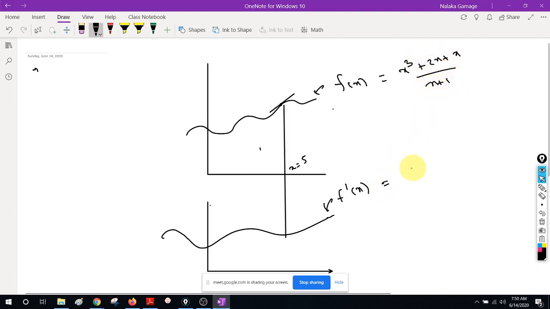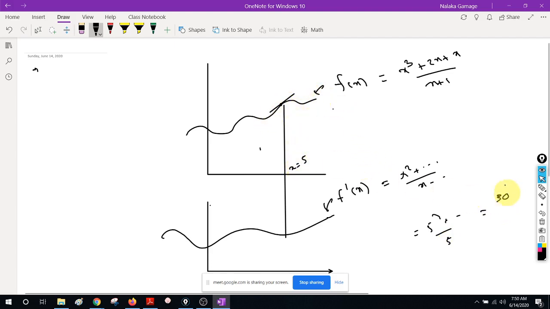Using the rules, you will get another function, something like x squared plus whatever x. If they ask you what the rate of change is, now you substitute 5 here, so 5 squared plus and so on. Assume you got something like 30. Now you know that the rate of change of this function at x equal to 5 is 30.